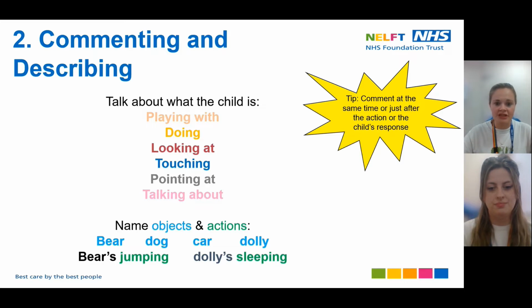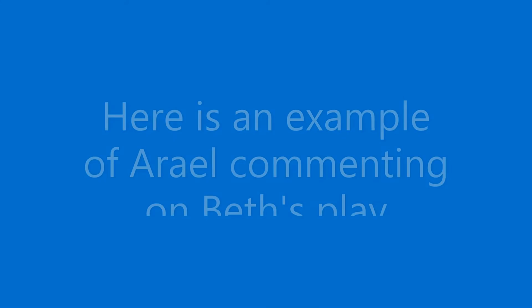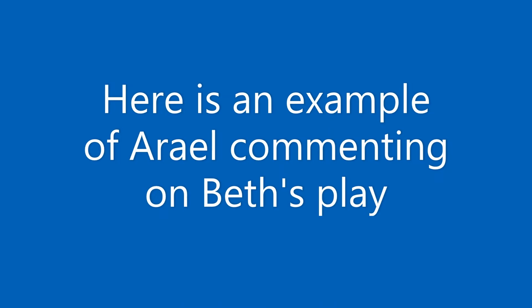And a top tip there is that we're commenting at the same time or just after the action has happened or the child has responded. So we're forming those key links between what's happening and the words we're using.